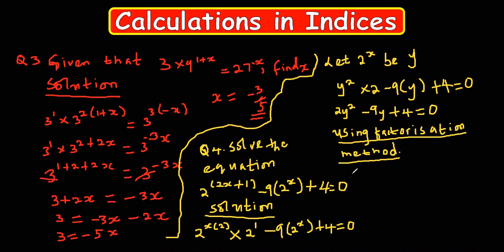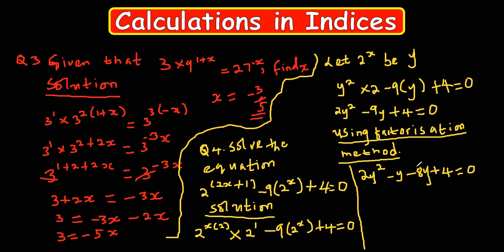So here we have 2y squared. To factorize, let's get the factors of this. So this minus 9y, we should have minus y, then minus 8y, plus 4 equal to 0.